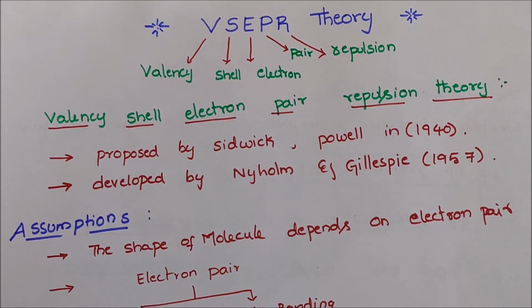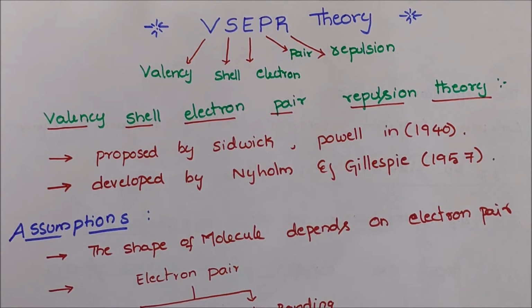In this theory, there are assumptions and postulates. VSEPR theory explains that the shape of a molecule depends on the electron pairs. What are electron pairs? The electron pairs are of two types.